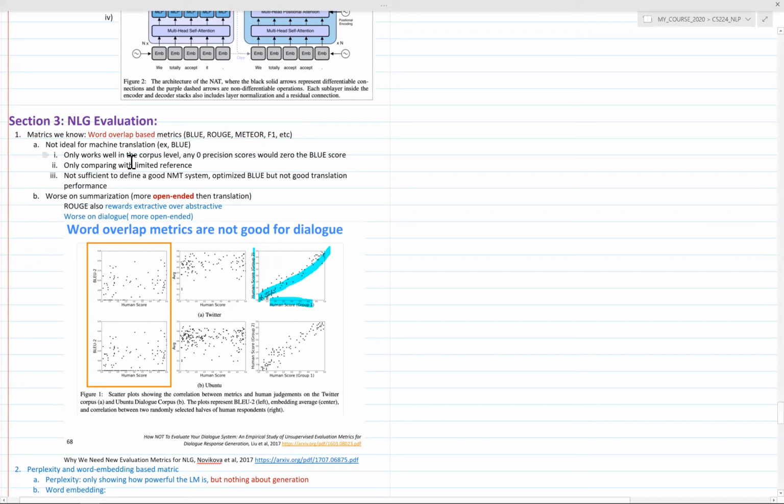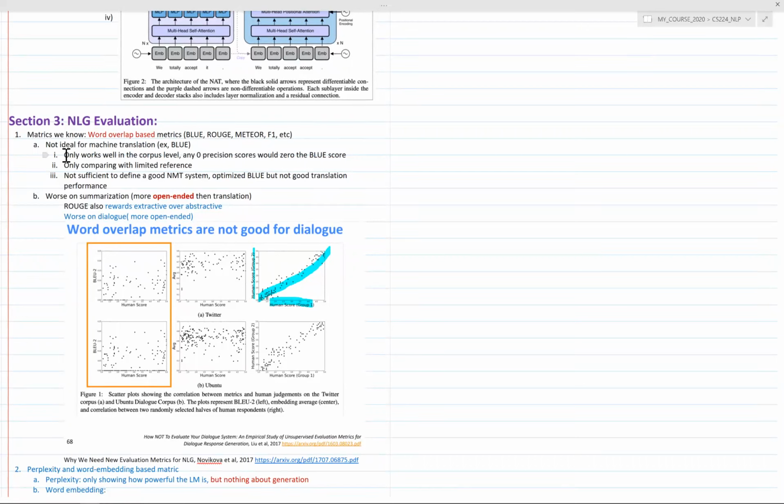The first one is that it only works well at the corpus level. For example, when there are zero precision scores in the entire corpus, in that case, it would lead to a zero BLEU score, which totally doesn't make sense.